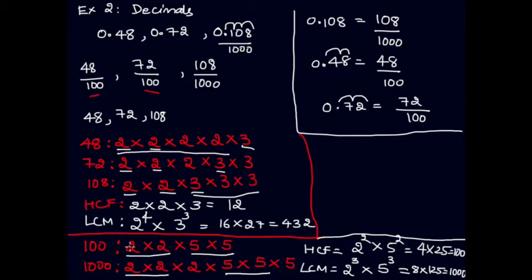Maybe it's too cluttered here. Let me take another sheet and I'll list out again HCF and LCMs there, and then let's see how it can be done. So we found that HCF of numerators was 12.